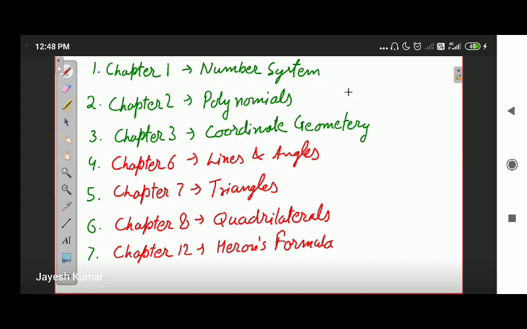We are done with the revision part of chapter number 2 and chapter number 3. Okay, we have done chapter number 6. We are currently on chapter number 7. We have just started it. After this, we will do chapter number 8, that is quadrilaterals, and chapter number 12, that is Heron's formula.